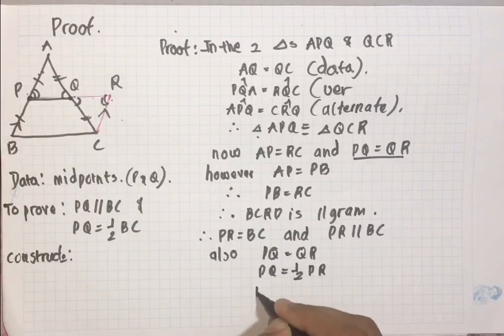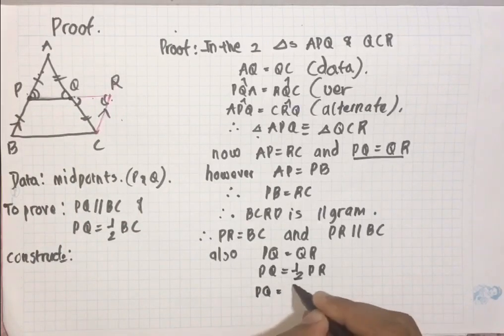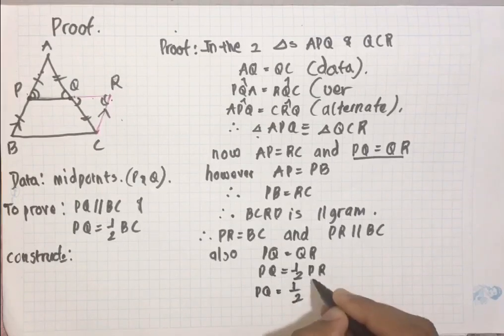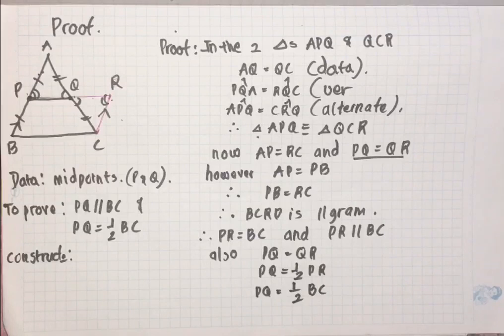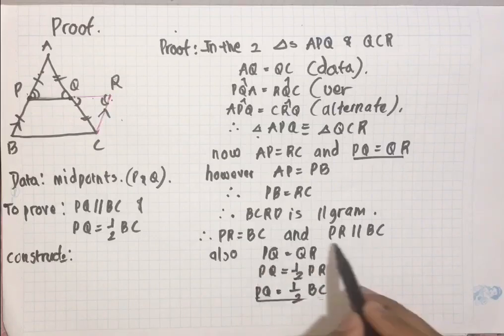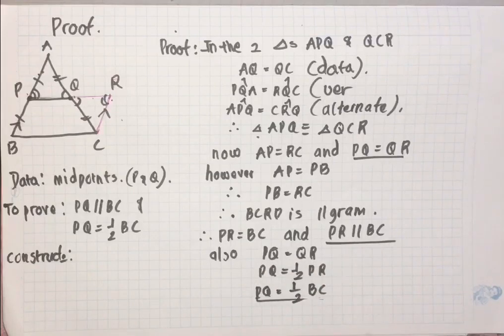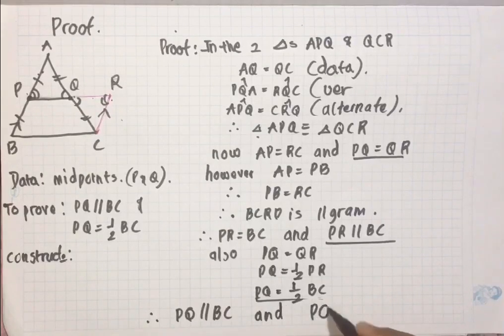Instead of PR I can write BC, so PQ is equal to half of BC. Now you have proved that this is half the length, and also you know these two are parallel. Now you can say therefore PQ is parallel to BC and PQ is half the length of BC.